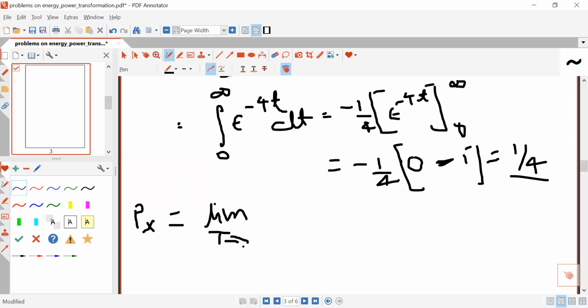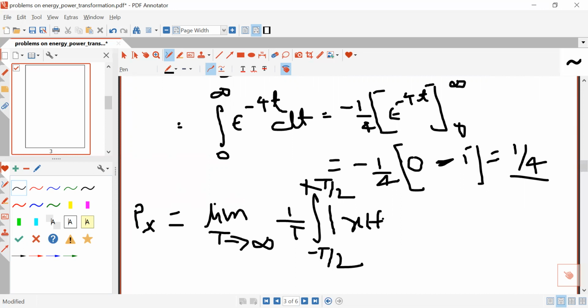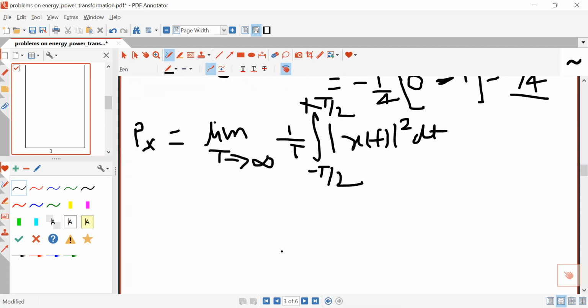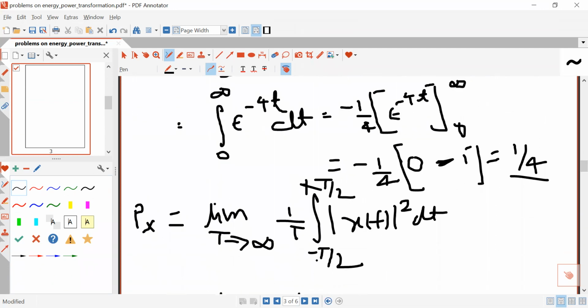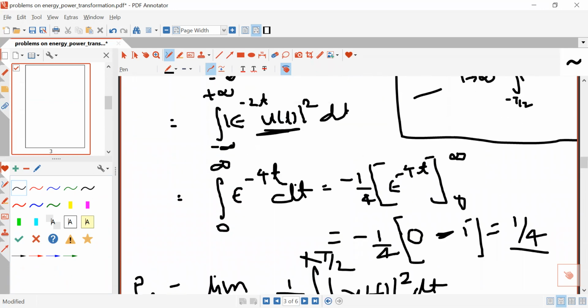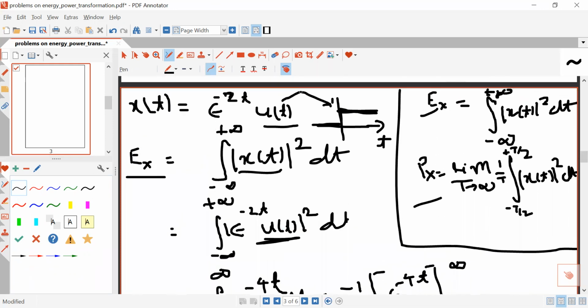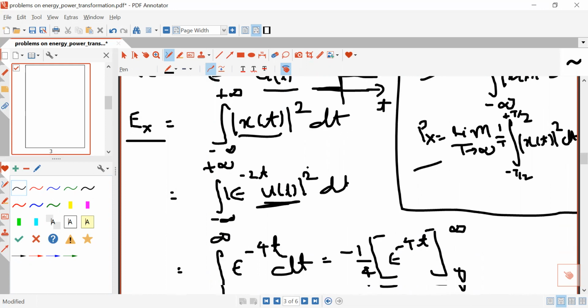Power is given by the formula: the limit as T tends to infinity of 1 by T times the integral from minus T by 2 to plus T by 2 of the mod of x(t) whole square dt. So you can write the limit T tends to infinity 1 by T, and again from minus T by 2 to 0, this x(t) will not exist because this u(t) will make it 0 in the negative half.